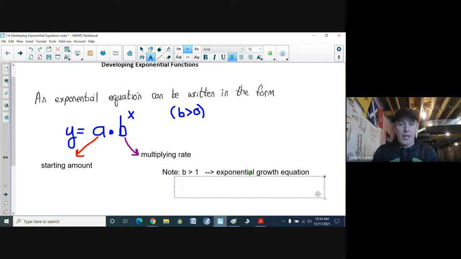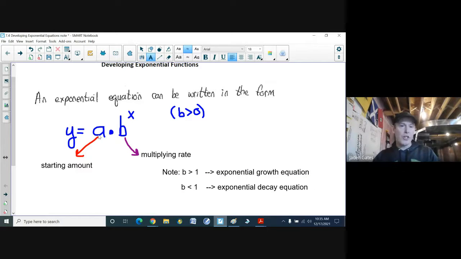And the opposite is that if b is less than 1, but again, can't be 0 or negative, you have an exponential decay equation. So again, the equation can tell you what the starting amount is and whether you have an exponential growth or decay equation just by looking at the b value.